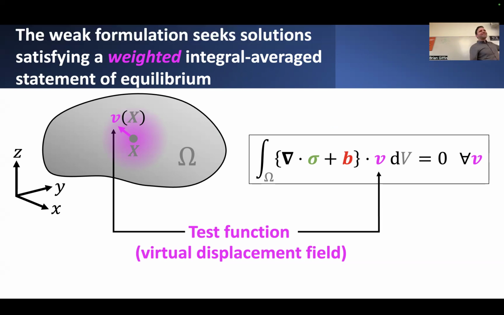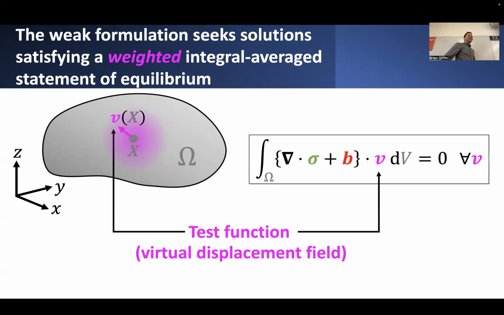You could think of that test function as being some kind of weighting kernel or weighting function that measures some weighted combination of equilibrium at a bunch of different points and then all summed together. You could think of that weight function as being kind of like a window function that basically takes out some chunk of material and then poses equilibrium over just that chunk. There's a lot of different ways that you can think of this weighting function.